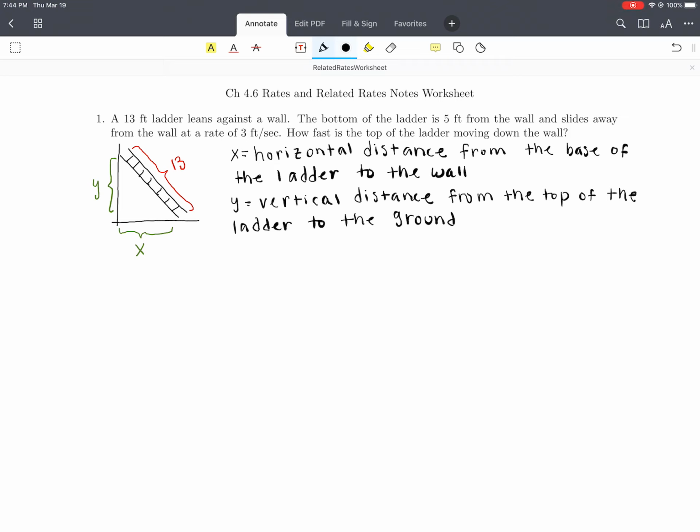And again, I'll make a little note over here that green means changes with time.